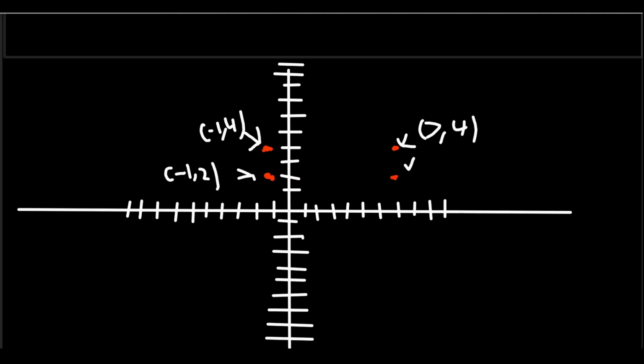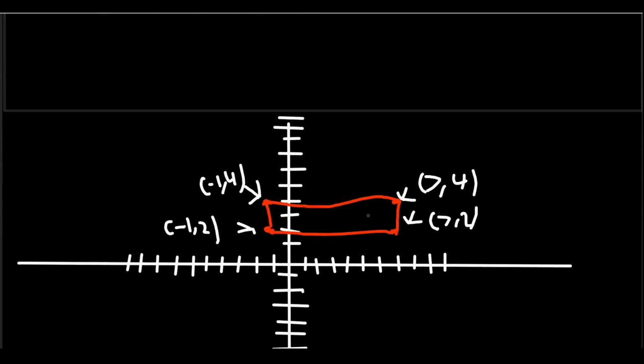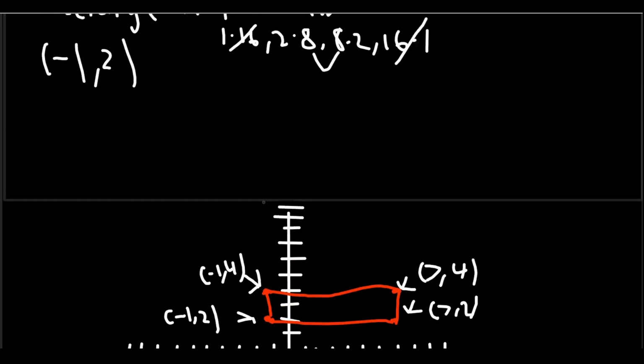And this one will be (7, 2). And these are our 4 coordinates. So I'll just connect these 4 up to make our rectangle, and that's our answer. So this is our answer to question 8.